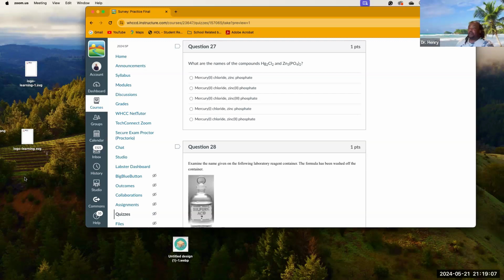So is it A, mercury(II) chloride, zinc phosphate; B, mercury(II) chloride, zinc(II) phosphate; C, mercury(II) chloride, zinc(III) phosphate; D, mercury(I) chloride, zinc phosphate; and E, mercury(I) chloride, zinc(II) phosphate?